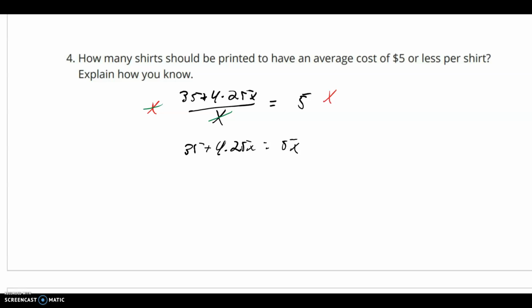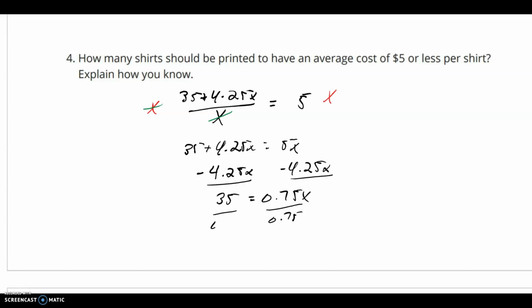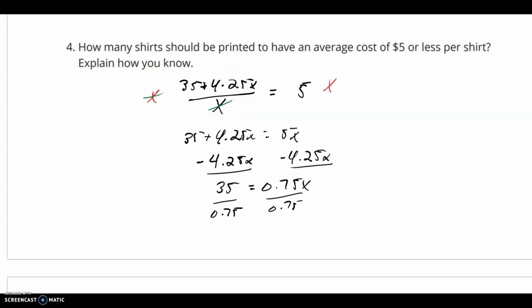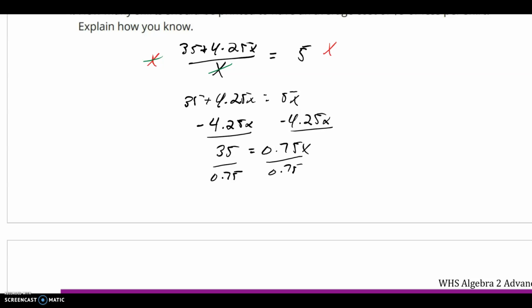Now I just need to solve this linear equation. I'm going to subtract the 4.25x from both sides. And I get 35 is equal to 0.75x. Divide both sides by 0.75. And I get x is equal to 46.67.